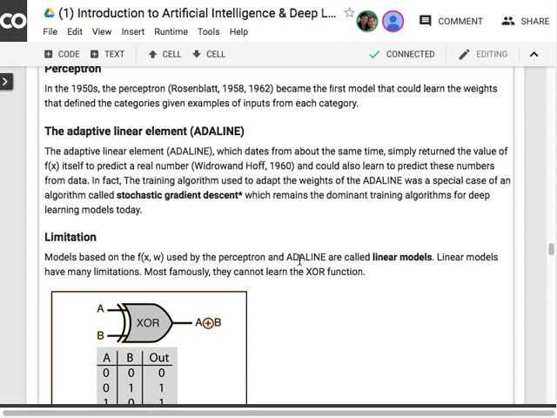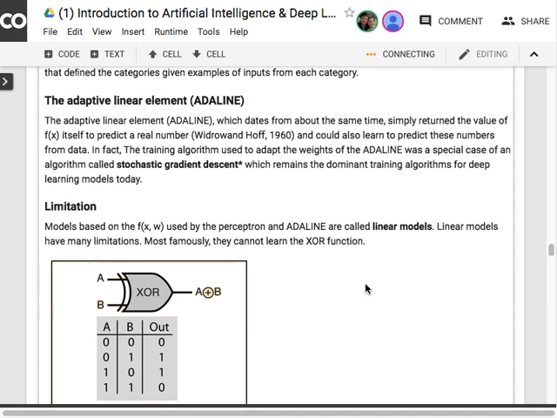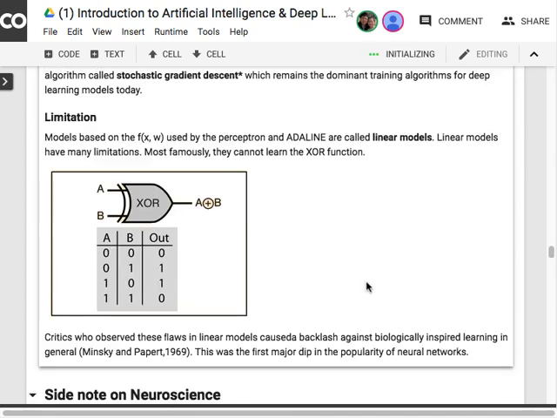Based on that, in 1960, some people analyzed this and said that since we have a linear model, so something like y equals x1 w1 plus x1 w2, x2 w1 plus x2 w2, something like this.